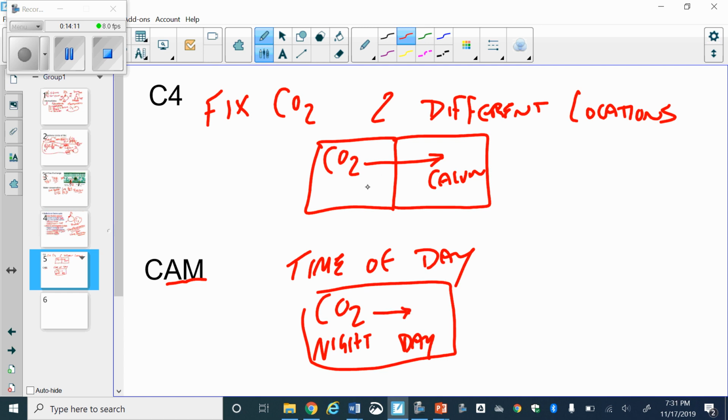So one is a location thing, and one is a time of day situation. I wrote day, sorry, maybe the sunlight. I said day, but I guess the evening can include that. So one is in the evening when things are cooler, and one is going to be during the day. We'll talk through that a little bit tomorrow.